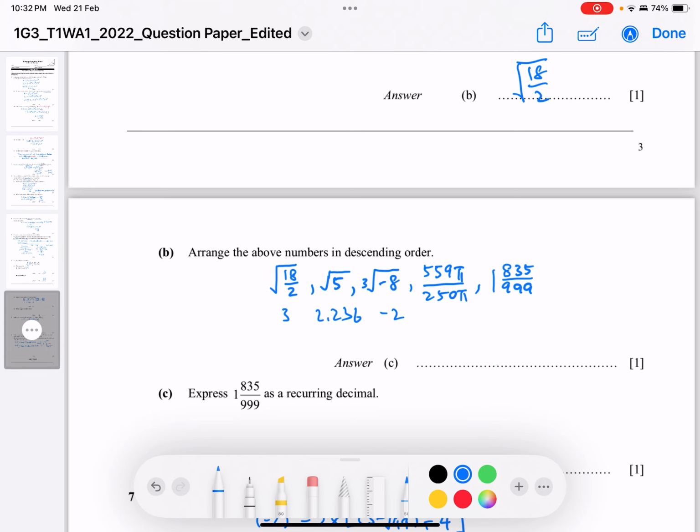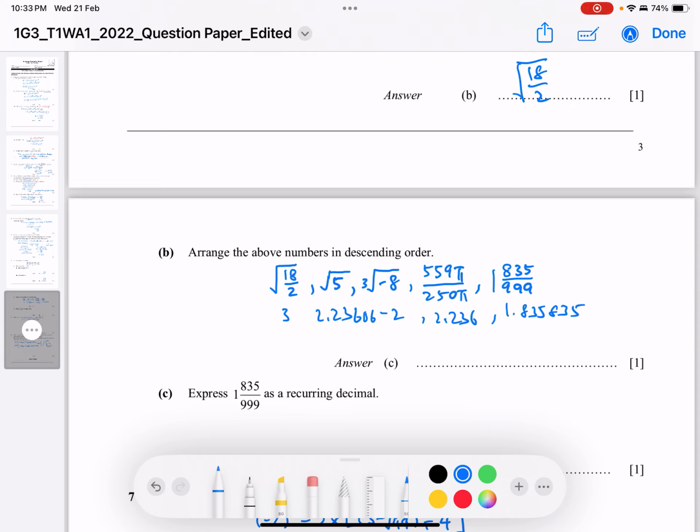Okay, so this one is 2.236. So root 5 would be 2.23606. Right? So we need to distinguish it. And the last number is 1.835 recurring. Right? So now we are ready to arrange the numbers.